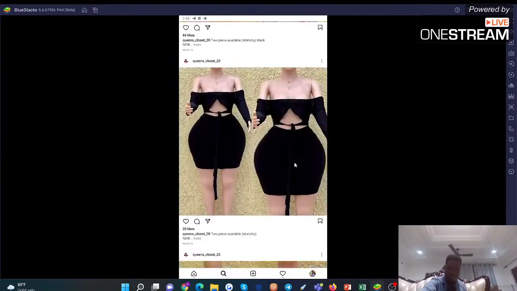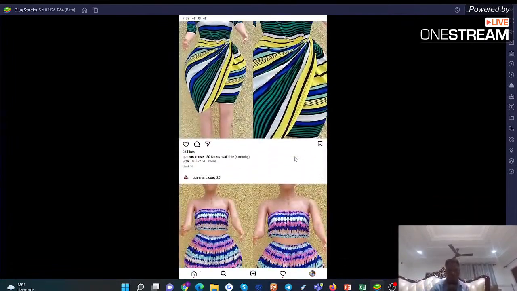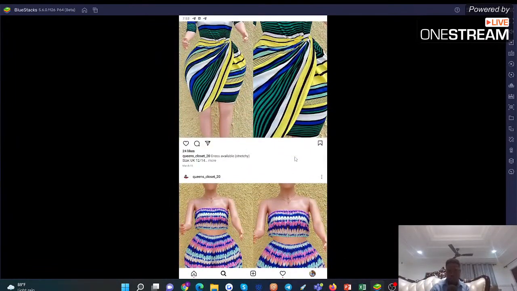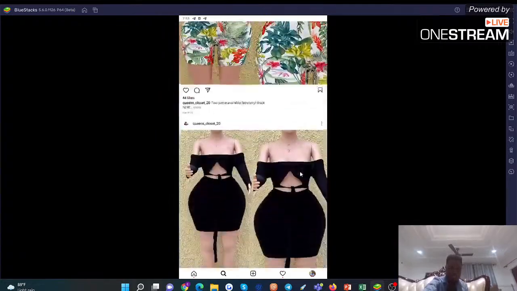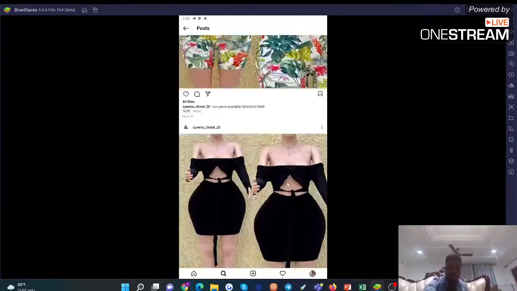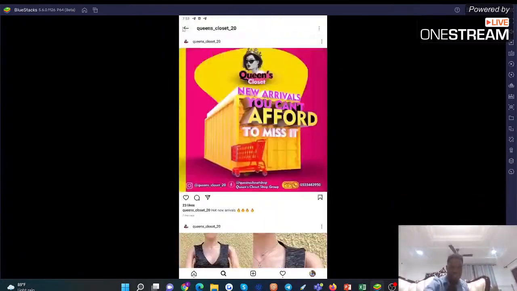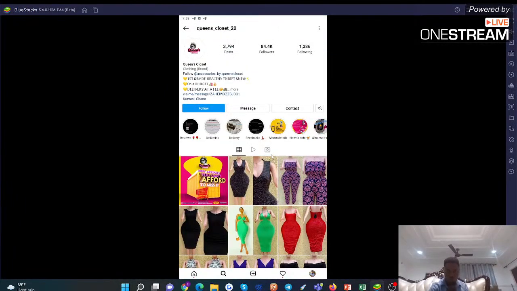When you scroll, you see that she's trying to solve a problem. The problem is that if someone buys my item, they should know how to wear it. So she's now thinking of the combinations. Unlike other sellers who are not doing it, she is focused on bringing a perfect design. And when she started doing it, the business grew, the page grew in no time.